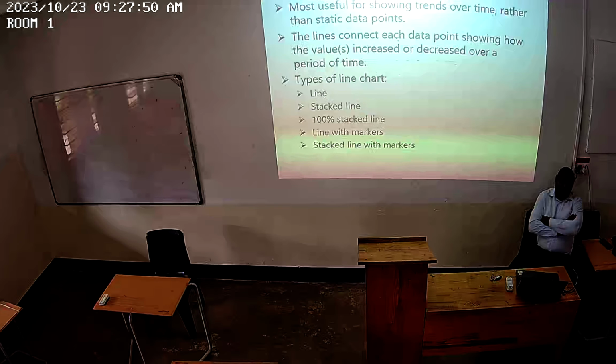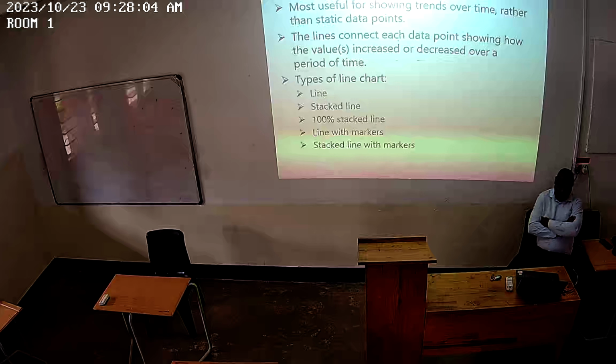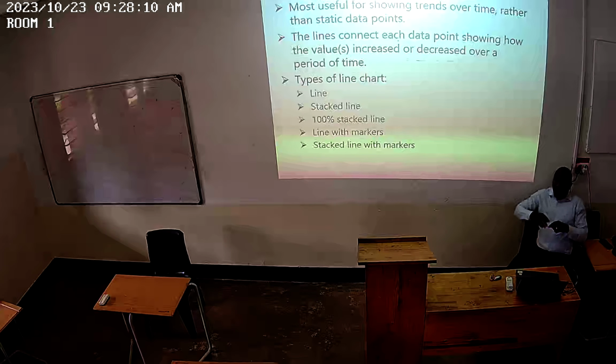In terms of line charts, you're interested in seeing the lines connect each data point, showing how those values increase or decrease over a period of time. So a line chart will have the data points connected by a line.